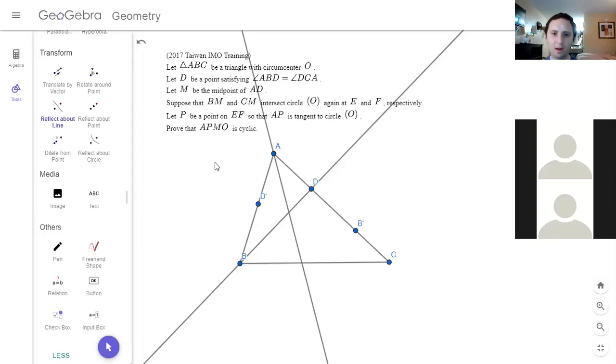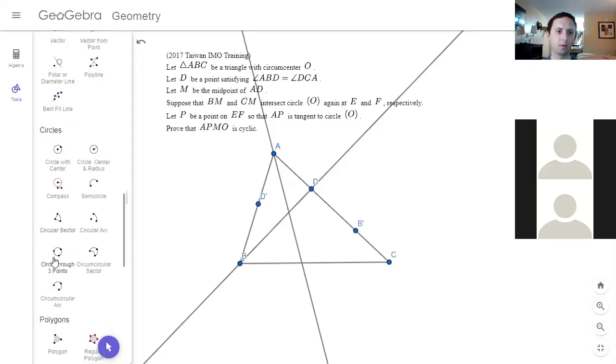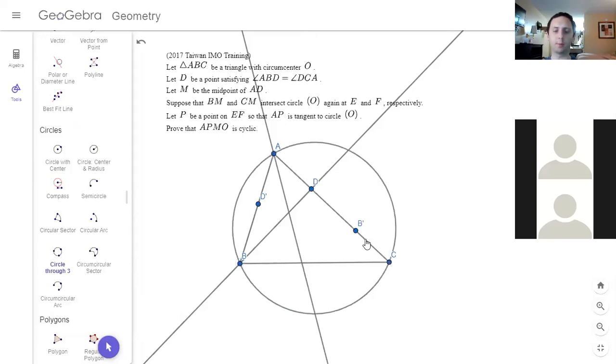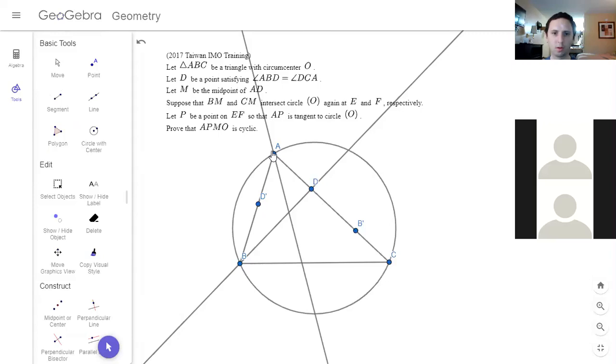We can draw the circle of ABC and then a circle centered at A. Oh, you mean just to get D prime and B prime? If we draw the circle centered at A and let it intersect the circle. Sorry, so a circle centered at any circle.